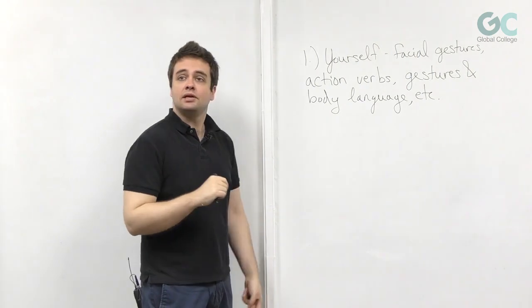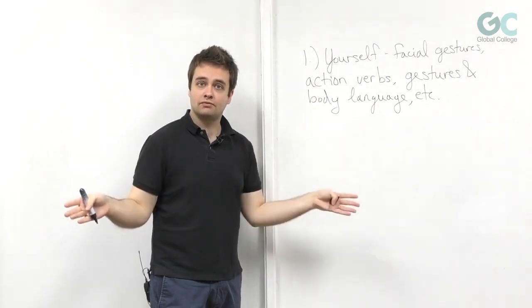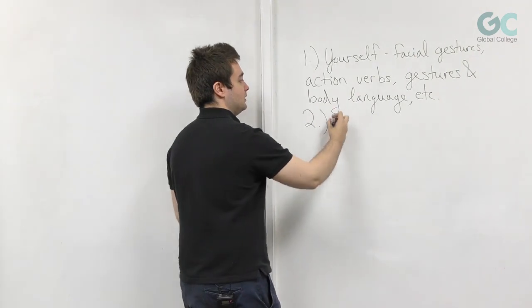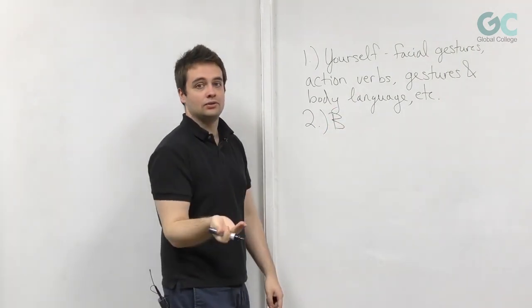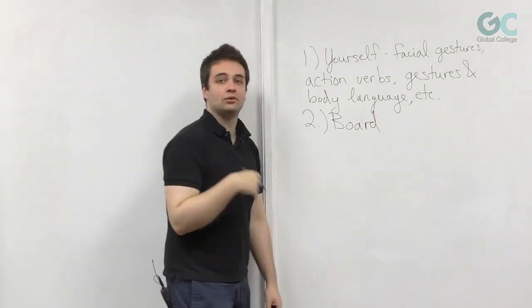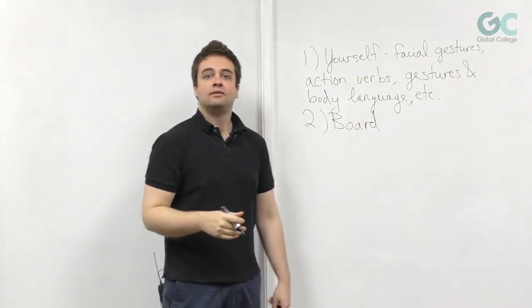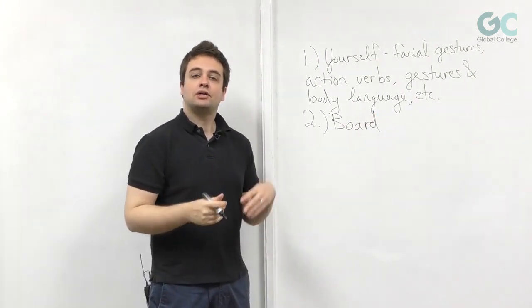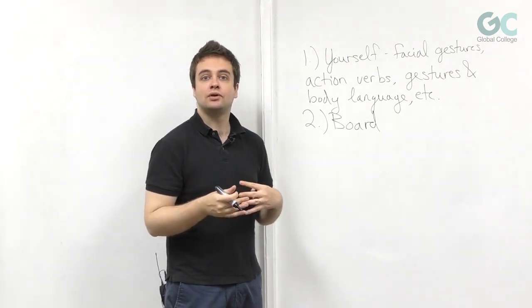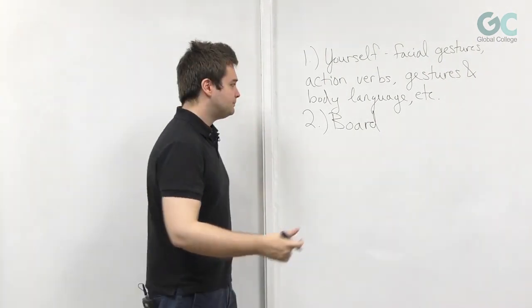All right, but let's take a look further, guys, because we've got lots of different kinds of visual aids. Number 2 is our good friend, starts with a B. Who is our good friend? Our good friend is the board, the whiteboard or the blackboard, right? Now, we did talk before about drawing pictures on the blackboard, especially when we took a look at the lesson to do with presenting vocabulary, right?